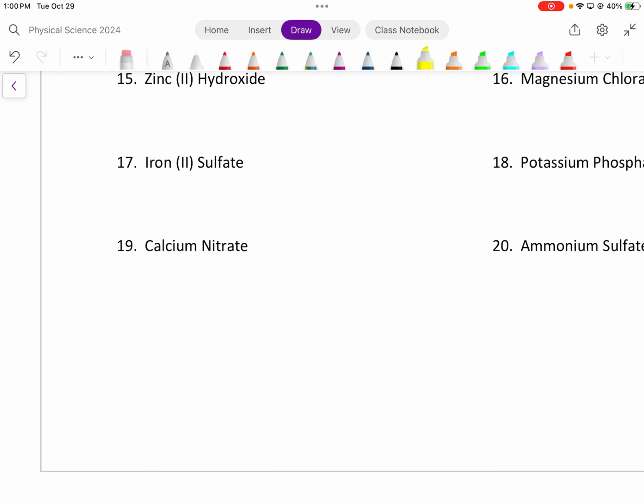So I'll take that information back. Iron, with the 2 in parentheses, has a +2. Sulfate was SO4. That also had a -2. And so now we crisscross.